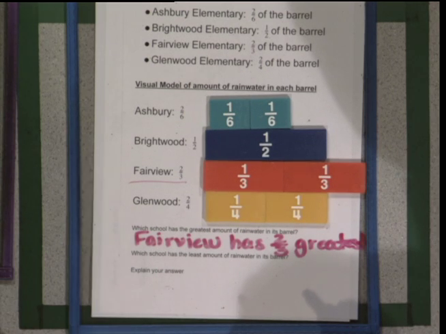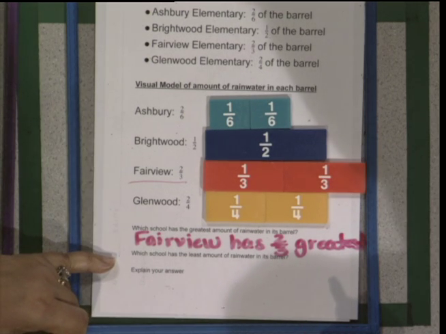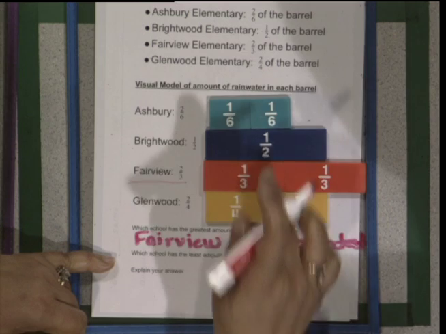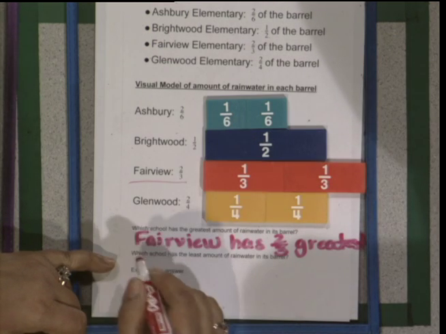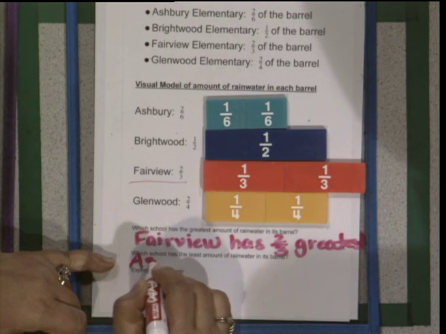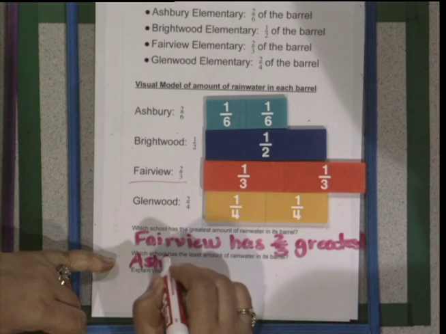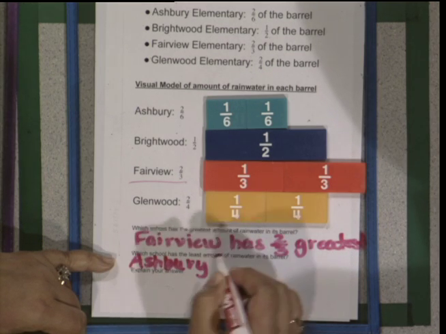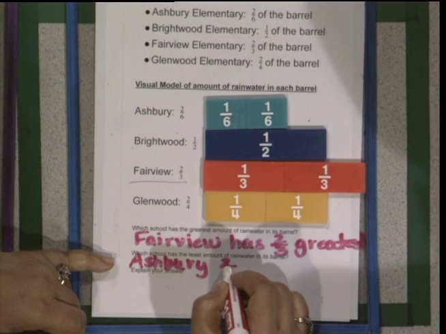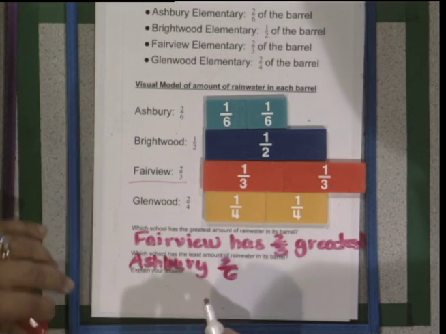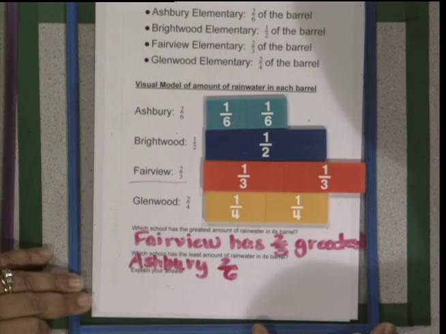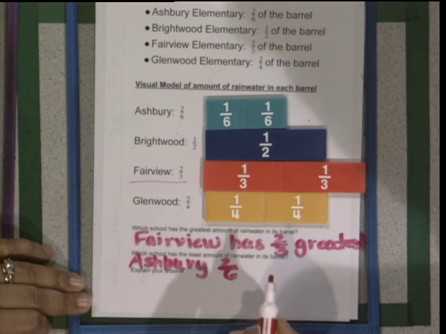Okay. Now, what other question? The other question is which school has the least amount of rainwater? And that would have to be Ashbury. It has 2/6, and I see that 2/6 is less than 1/4 and less than the 1/2 at Brightwood. And so explaining our answer, we can actually use our math symbols to do that.